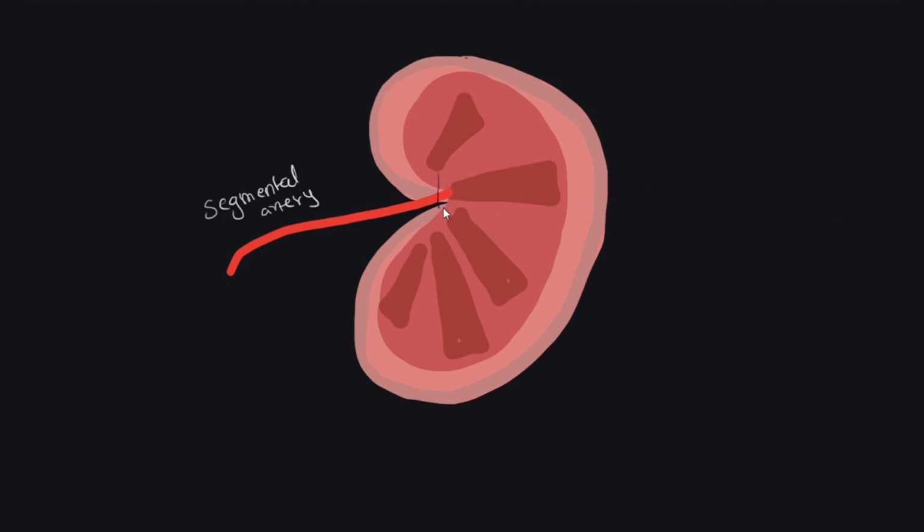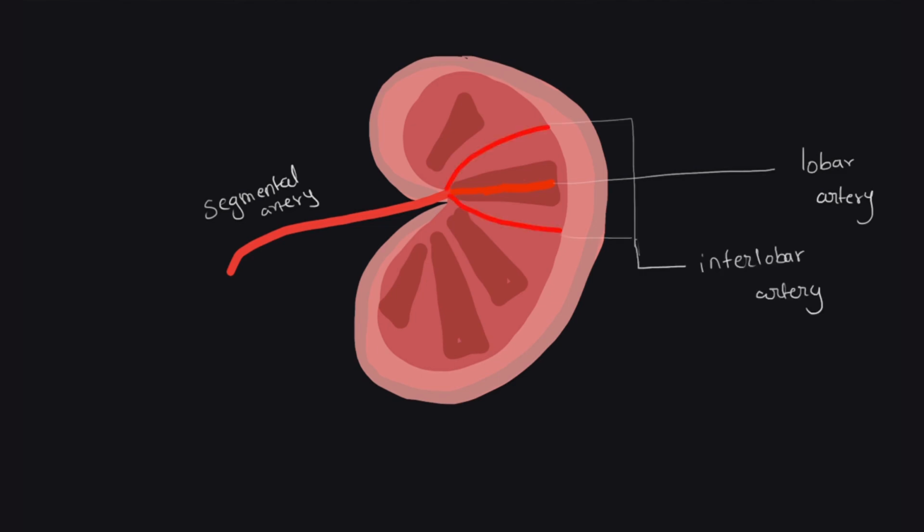Here, at this small point where it meets the apex of the renal pyramid, it divides into the lobar artery. Then there are also two more divisions right at this point, namely the interlobar arteries. One goes into the renal pyramid right here, and the other goes laterally into the renal column.